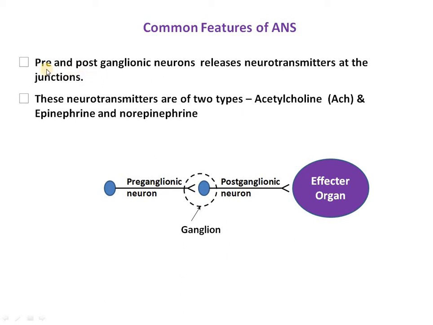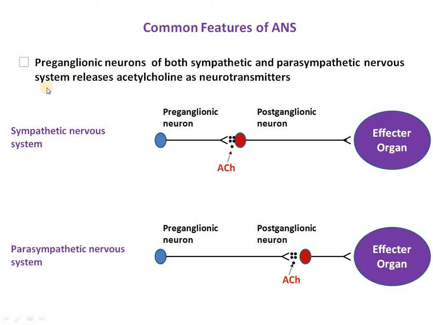The next feature is that both the pre and postganglionic neurons of the autonomic nervous system release neurotransmitters, and these neurotransmitters are acetylcholine and epinephrine or norepinephrine. They release the neurotransmitter at their nerve endings.